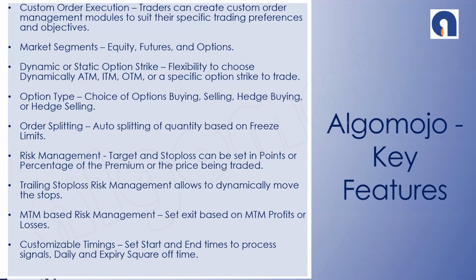Now you can customize the start and end times when you want the signals that are generated to be executed. Suppose you feel that you don't want to take any trades before 11 o'clock, you can say, okay, my trade timings are from 11 o'clock till 2:30, because initially the volatility is pretty high and towards the end of the day it could get more volatile, and I don't want to take any trades.